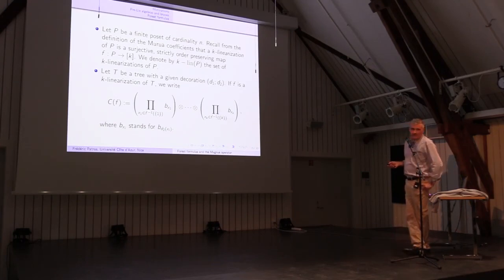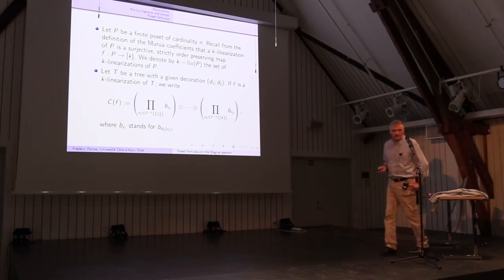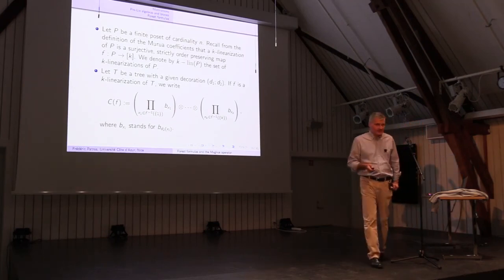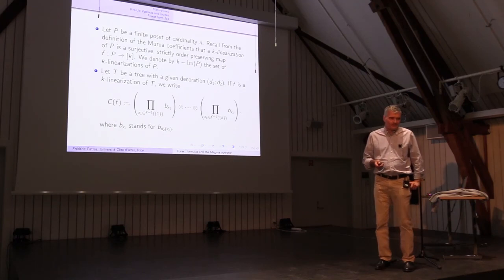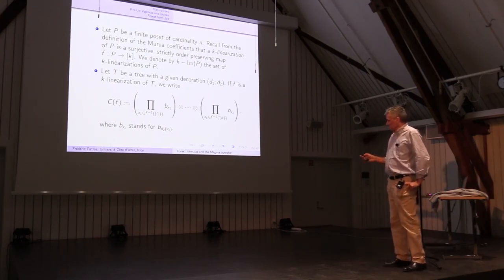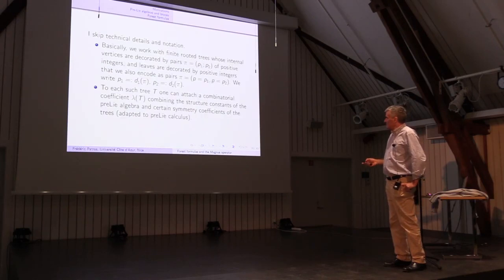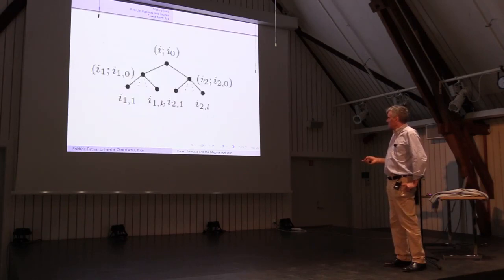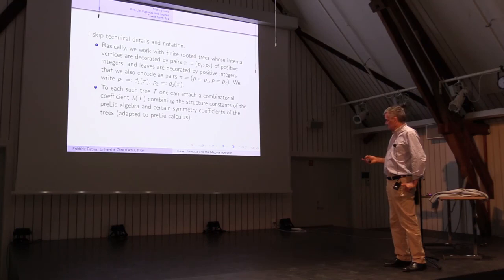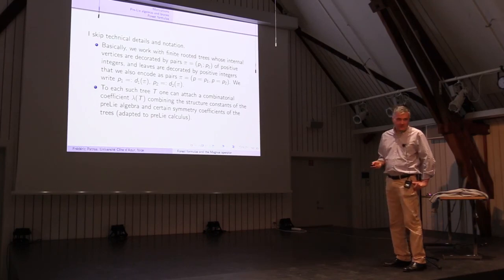Besides the pre-Lie algebra, what else do you need to get the coefficients? Nothing. These coefficients, the coefficients lambda t, their definition involves the structure constants of the pre-Lie algebra and the shape of the tree.